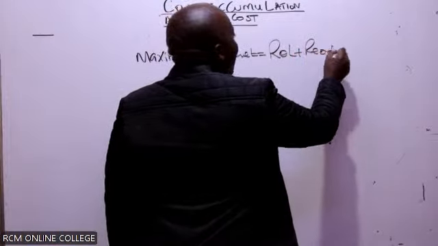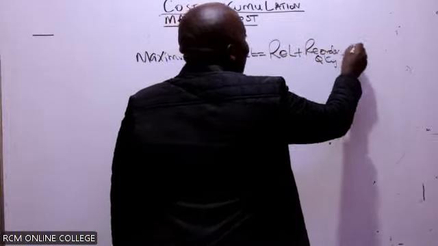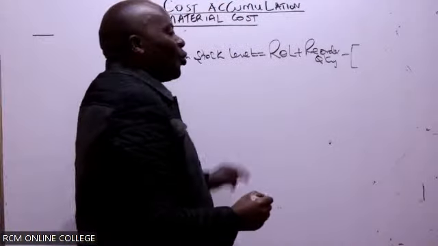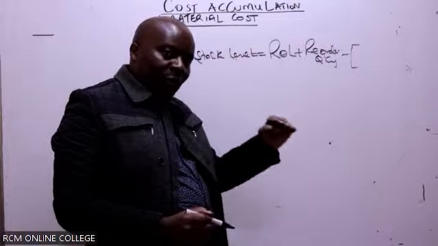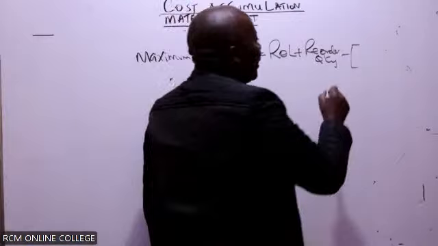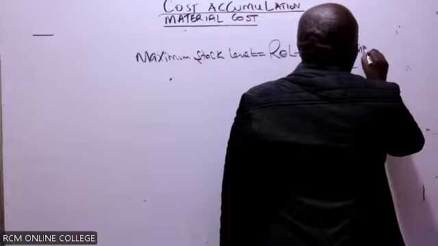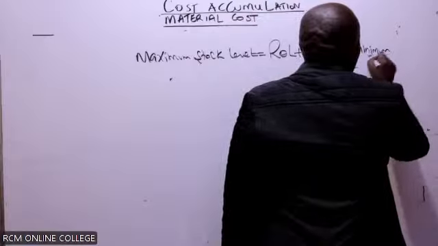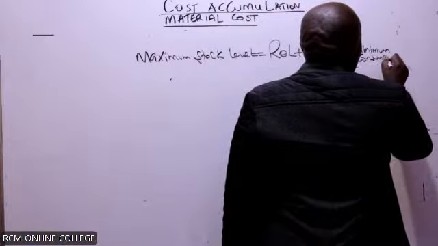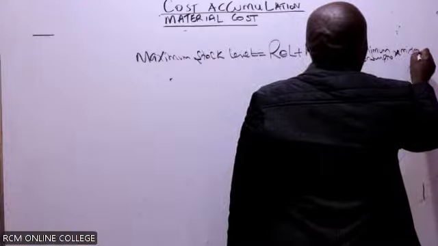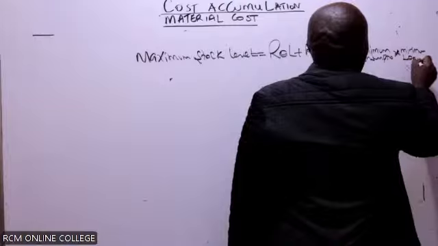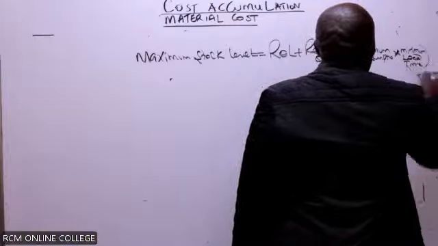Rock is reorder quantity. And then to ensure that we shall be able to really be maximum up there, whenever it comes to subtraction, come and subtract minimum things. So you subtract the minimum consumption times minimum lead time.